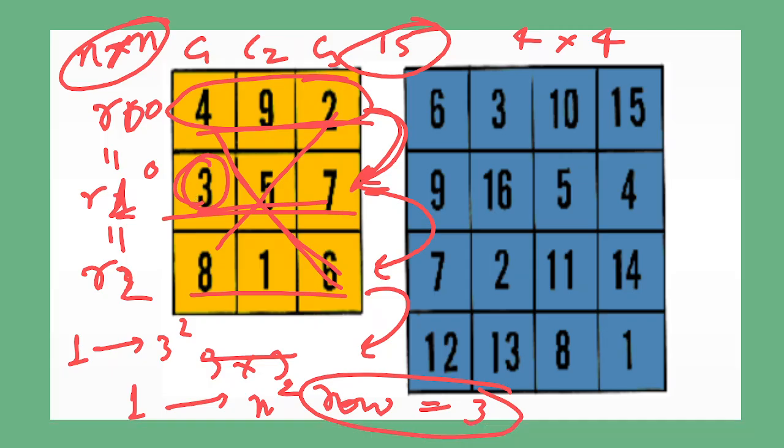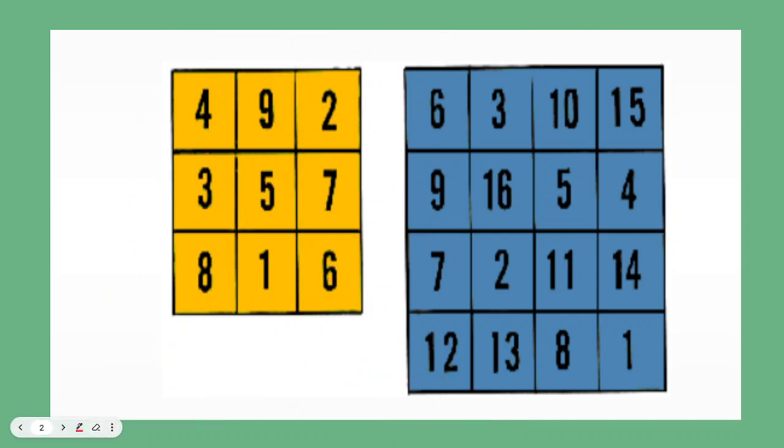So how I'm going to check the diagonal sum? Let's discuss the logic for that. Here you can see, if I write the indexing for all the matrix elements, then it will be something like this, right?